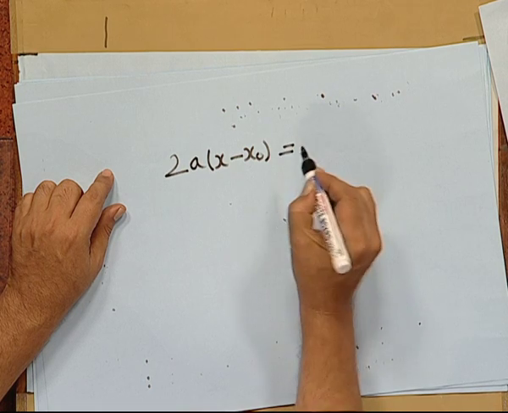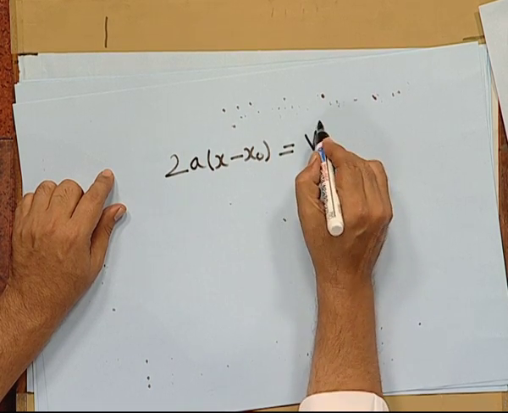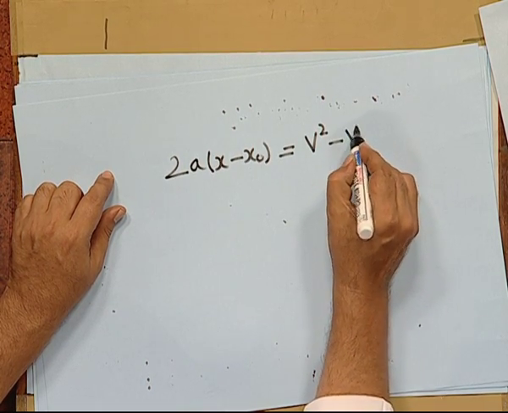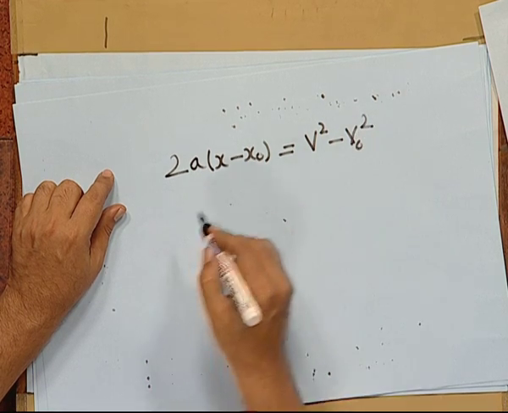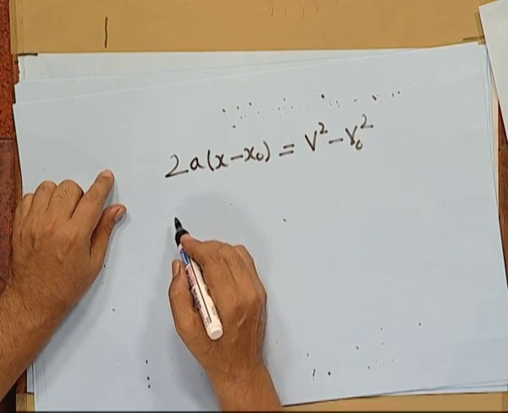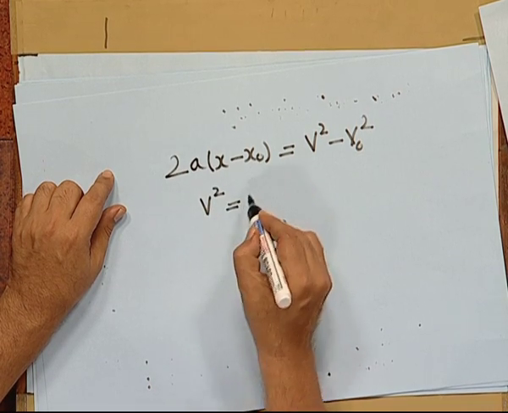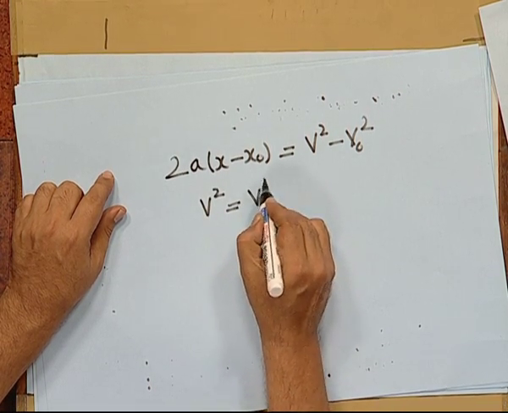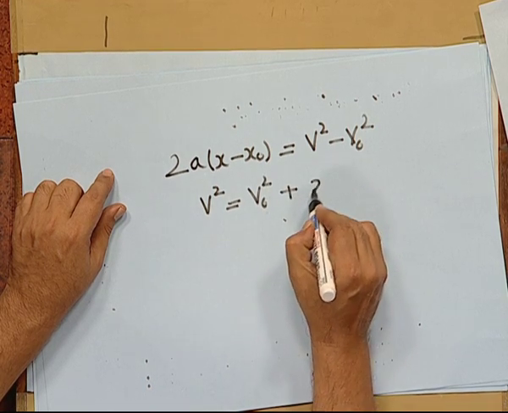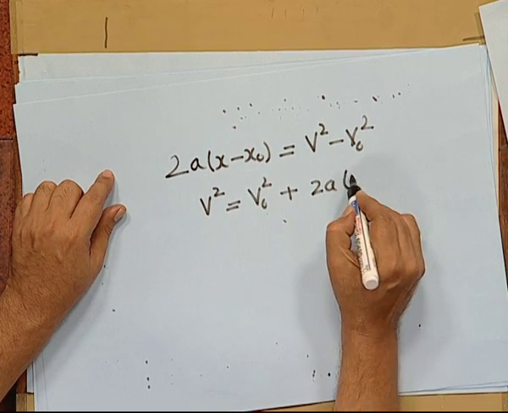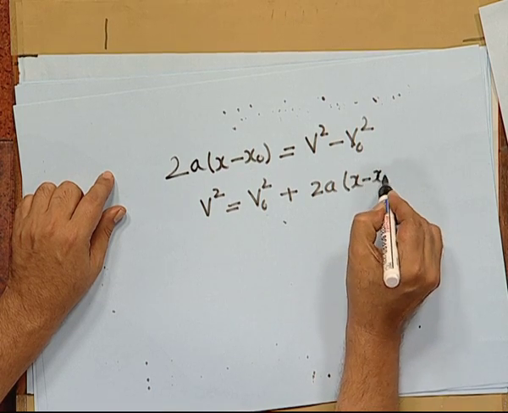It means 2a (x minus x naught) is equal to v squared minus v naught squared, or v squared is equal to v naught squared plus 2 times acceleration into change in position coordinate, x minus x naught.